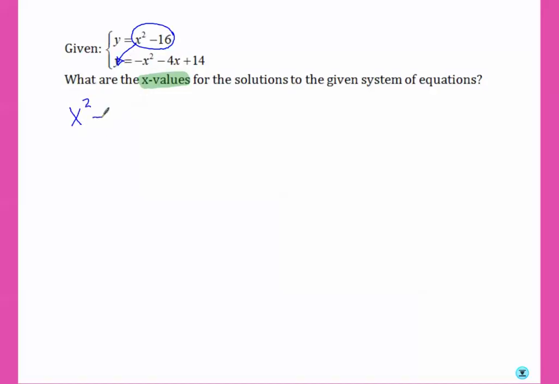So x squared minus 16 equals -x squared minus 4x plus 14. I'm going to move all of these to the left because I want to have a positive x squared when I'm finished.